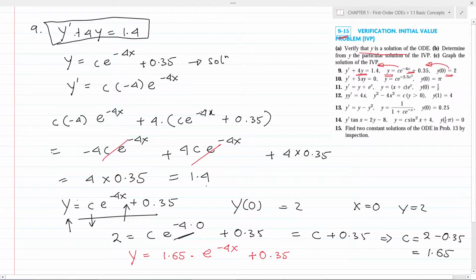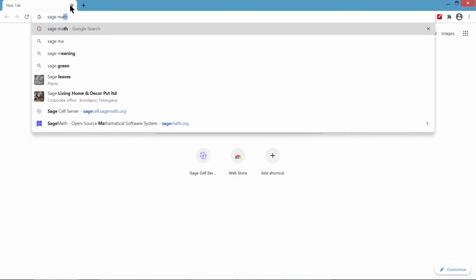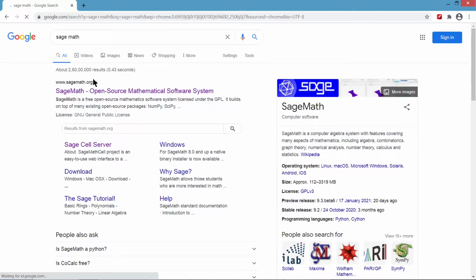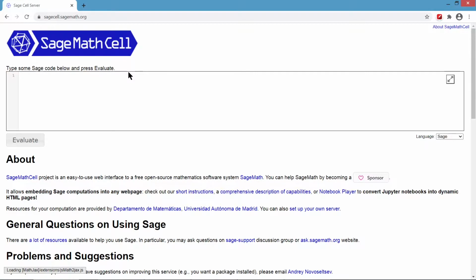For this we will go to SageMath, Google SageMath, go to the link, go to links, and then go to SageMath cell server. Now we will type in the function that we want to graph.